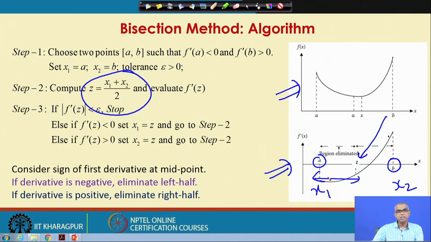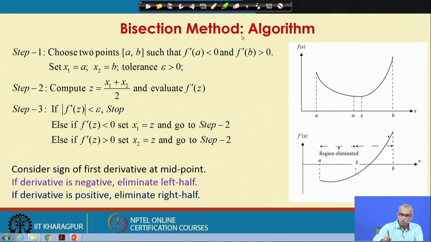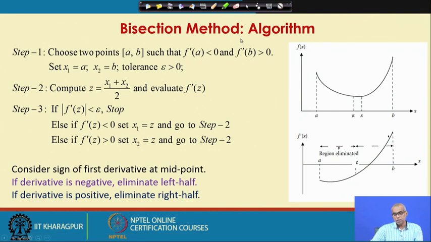You can also realize it from the figure. Similarly, if the derivative is positive, the minimum cannot lie on the right side of midpoint z. So, in that case, we will eliminate the right half, z b.